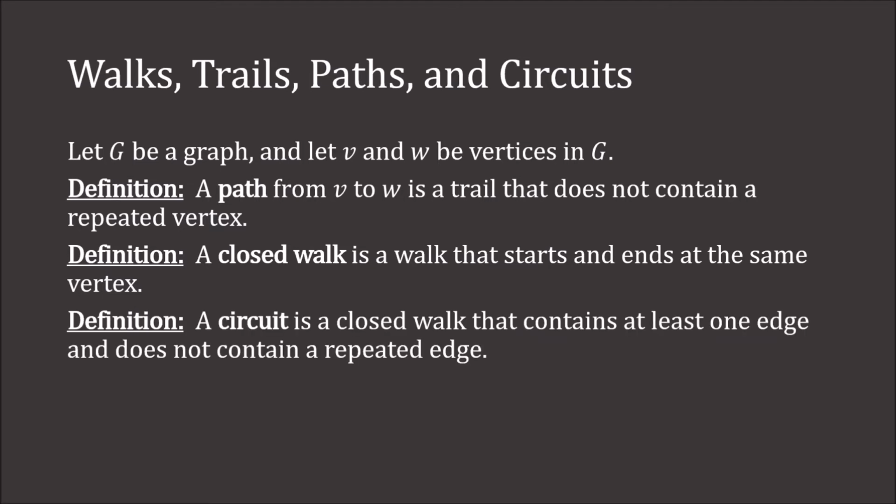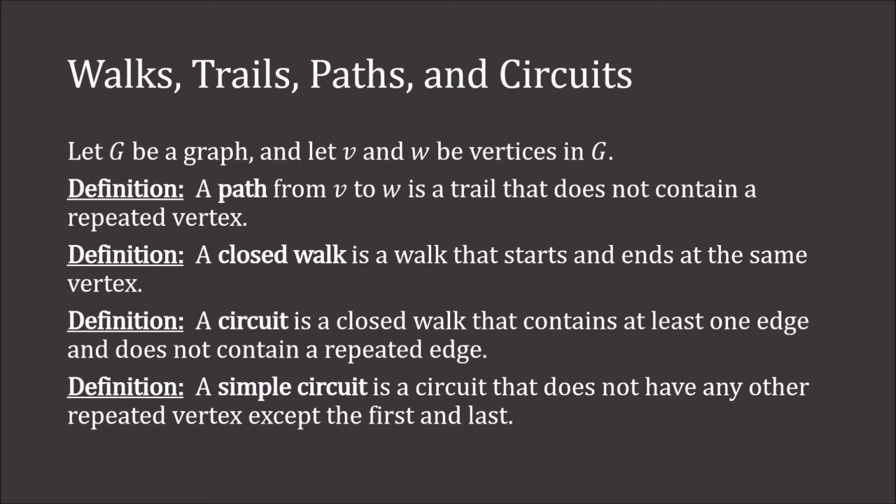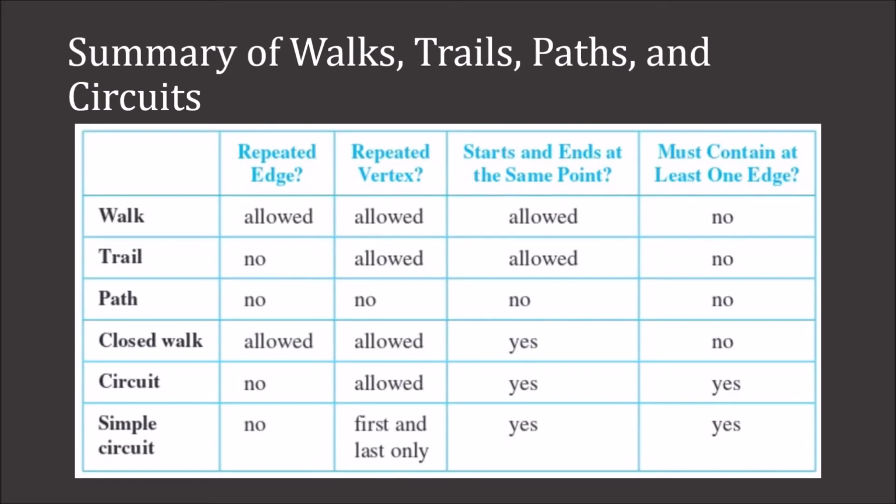A circuit is a closed walk that contains at least one edge and does not contain a repeated edge. And a simple circuit is a circuit that does not have any other repeated vertex except the first and last. So that is summarized in this table.